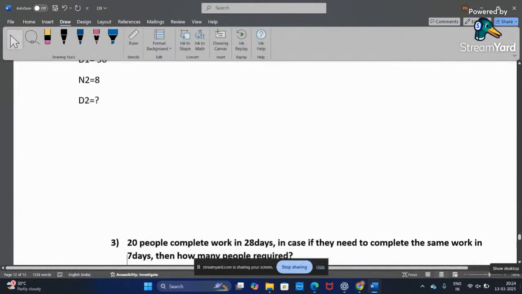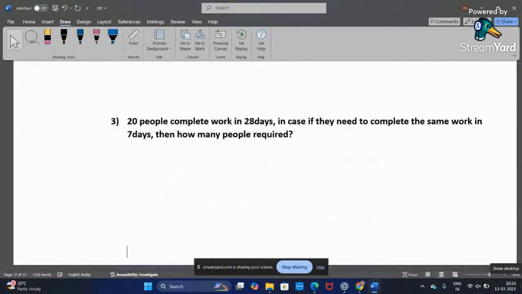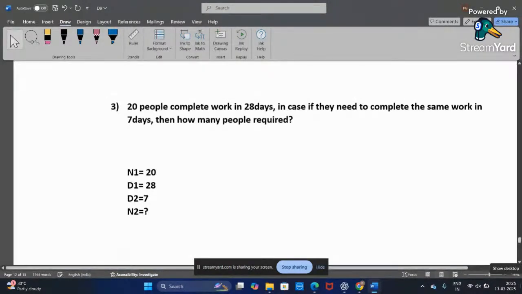Okay. Here your N1 will be 20 and D1 will be 28 and D2 will be 7. We need to find N2. That's all. Very easy, right?